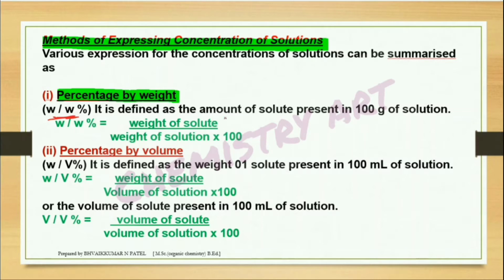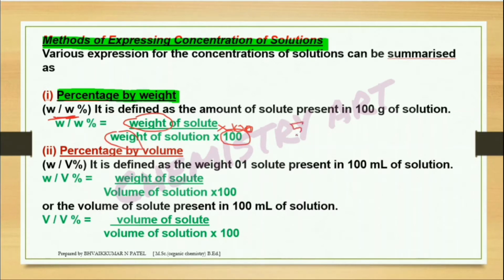Here it is the weight of solute divided by the weight of solution, and this is multiplied by 100. On both the upper and lower side we have mass, in grams.